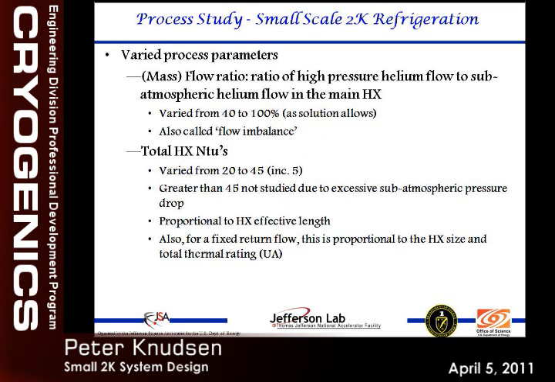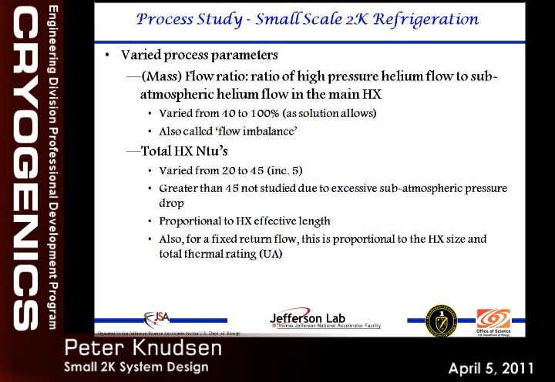As far as varied parameters, I've mentioned those in that chart before. We'll go over these again, but it's the mass flow ratio from the high stream to the low stream. We vary this from 40 to 100% as the solution allowed. This is also called flow imbalance. We varied the total number of heat exchanger NTUs from 20 to 45.